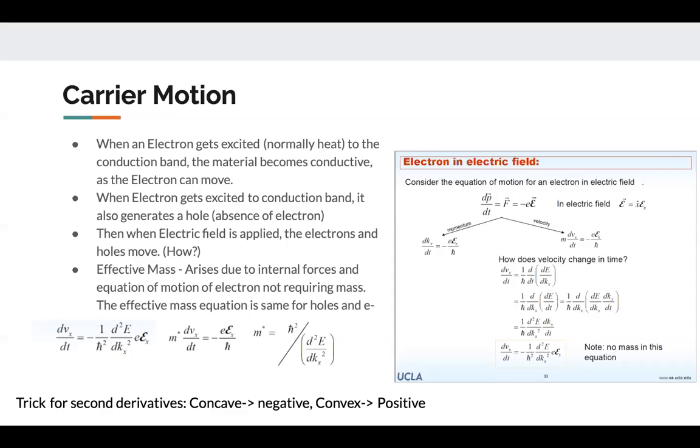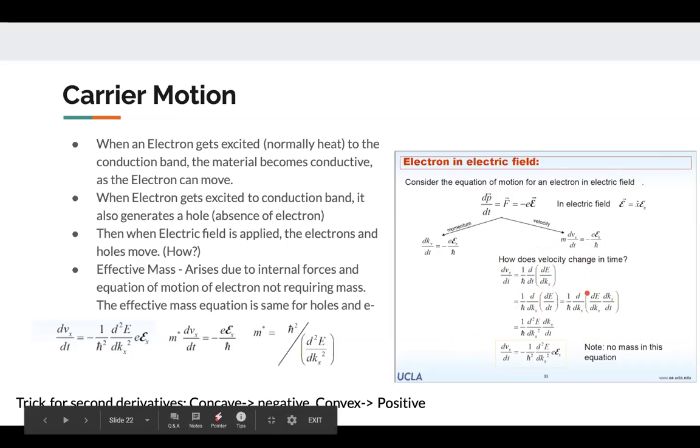Because k is equal to 2 pi over lambda and omega is 2 pi f, we can take omega over k, and that's our v. You do a bunch of algebraic manipulations like that, and then you get dv/dt equal to 1 over h bar times the time derivative of dE/dk. And then you do some calculus.